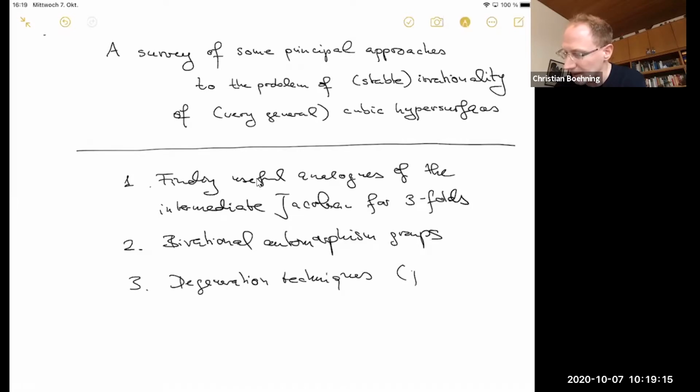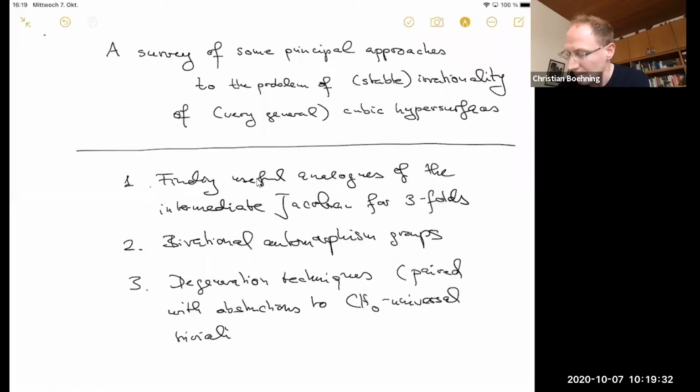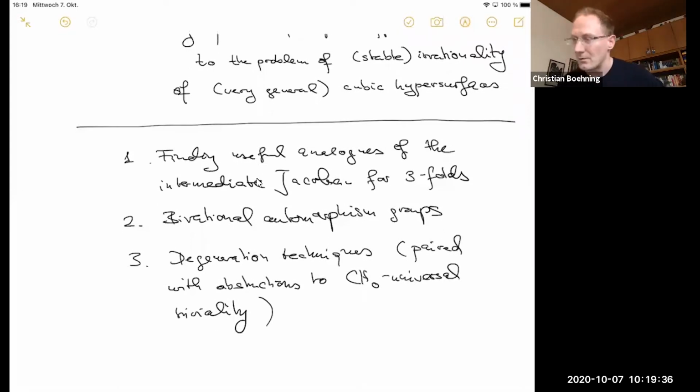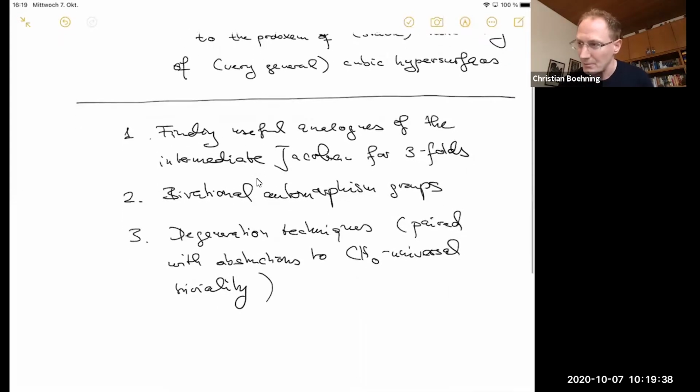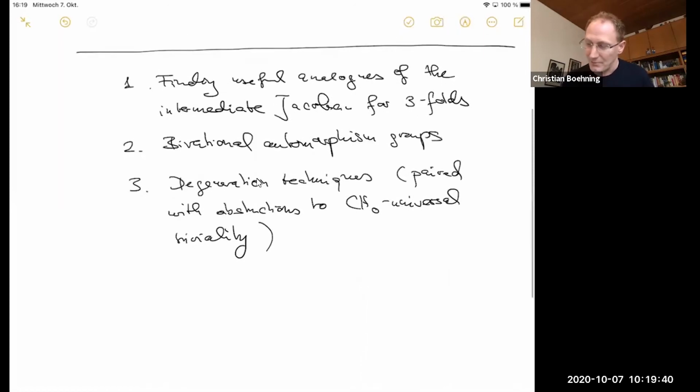This would be an approach that always has to be paired with obstructions to Chow zero universal triviality of smooth projective varieties, such as the Brauer group or higher unramified cohomology groups or differential forms in positive characteristic, things like that.